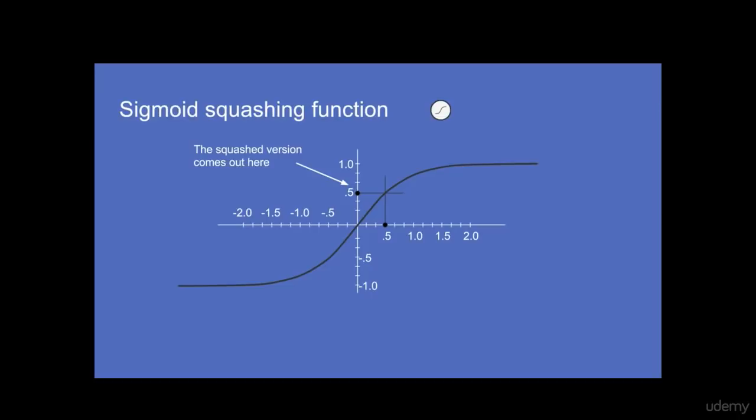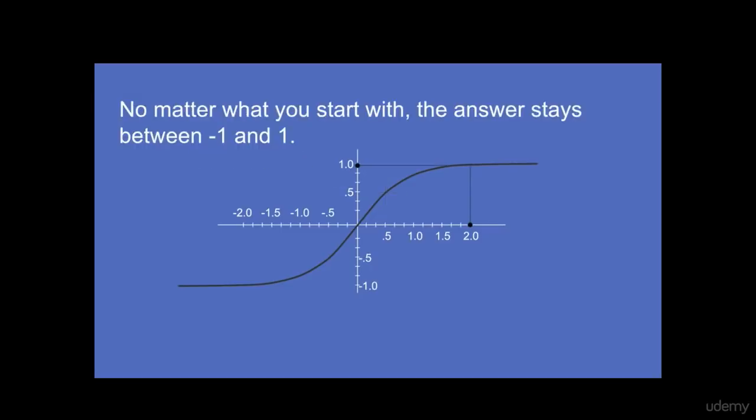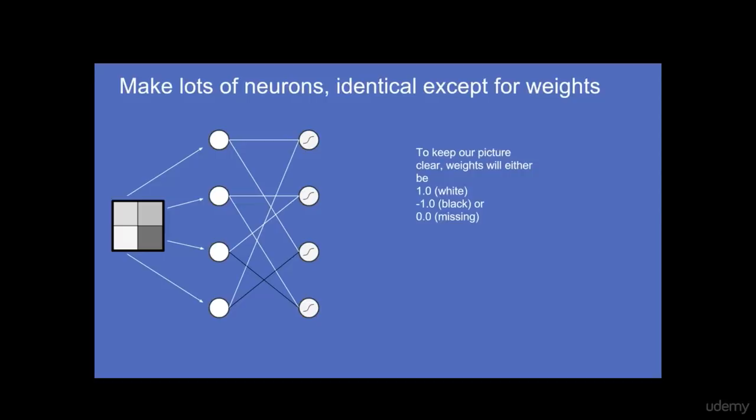The further the sigmoid goes out, the higher the value. Okay. However, no matter what value you have and where you start, the answer will always be between negative 1 and 1.